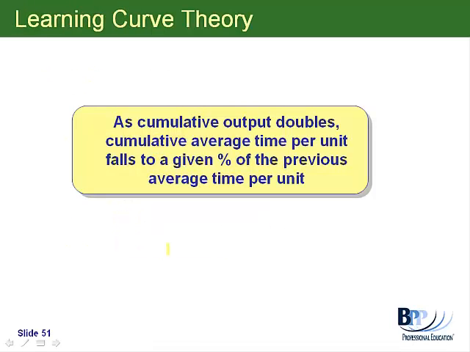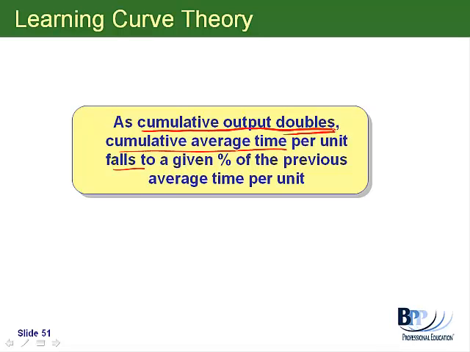Our learning curve theory says that as our cumulative output doubles, the cumulative average time per unit falls. The key thing here is we're looking at this doubling. Output doubles and then this learning curve percentage applies.